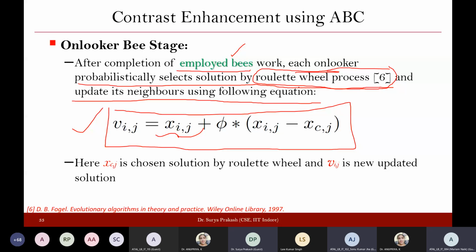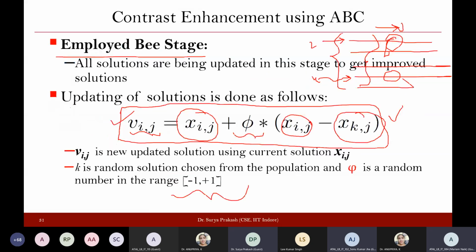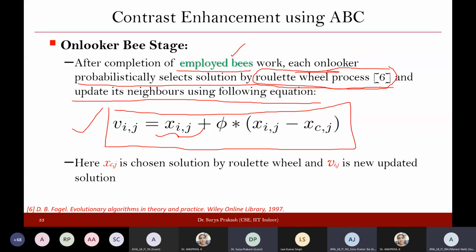The formula is quite similar, right? As you see here, we were talking about xij and xkj. But here, xij is again the old value coming from your ith solution, and this xkj is the chosen solution, which is chosen based on the roulette wheel process, or we can say a randomization process, and Vij is the new updated solution.